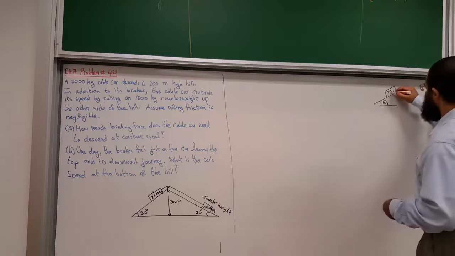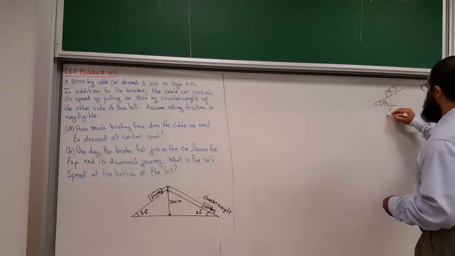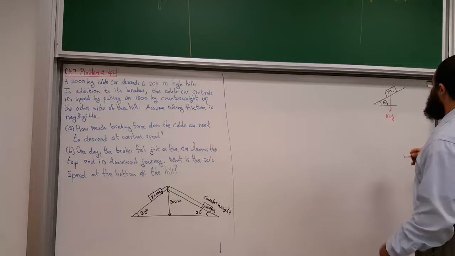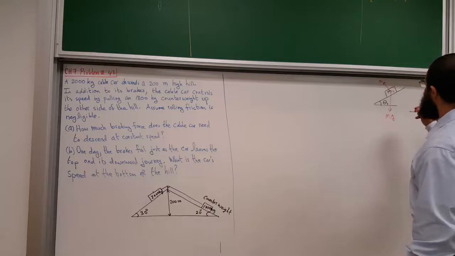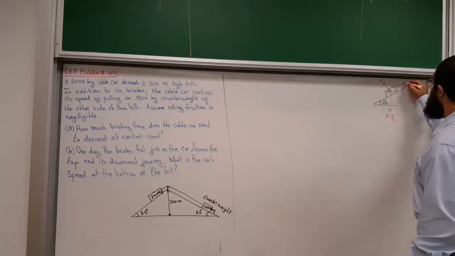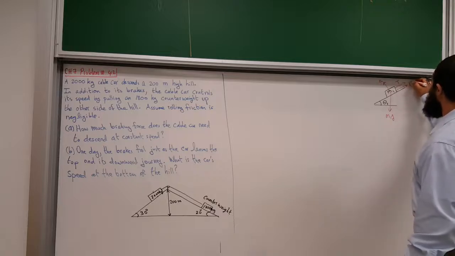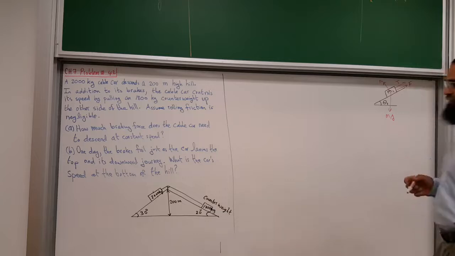Gravity, straight down, M1g. What else? There is the normal force, N1. And then there is the tension from the cable. And then there is the braking force, I'll call it F. Anything else? Well, that's it.